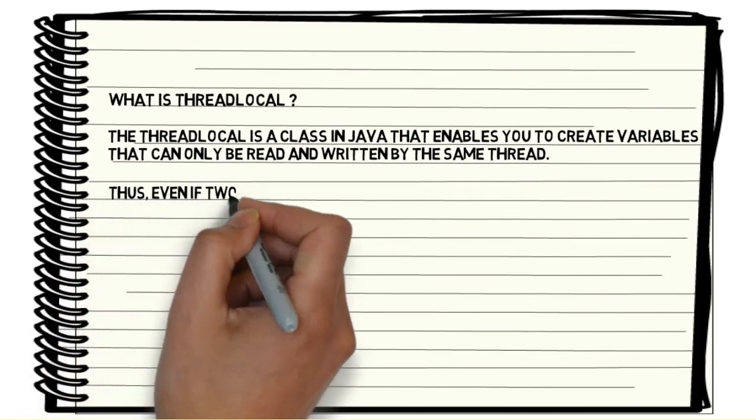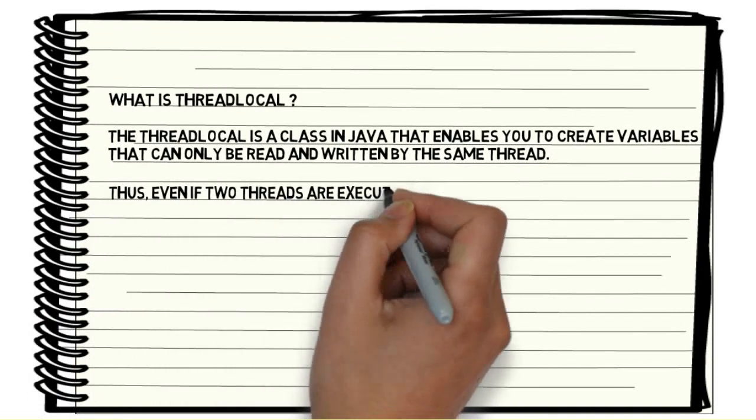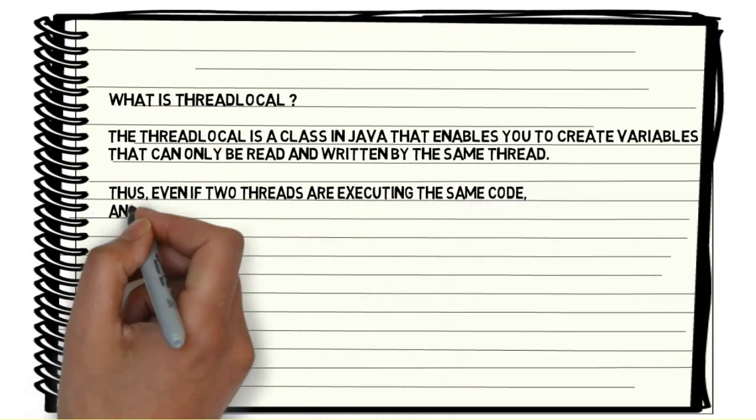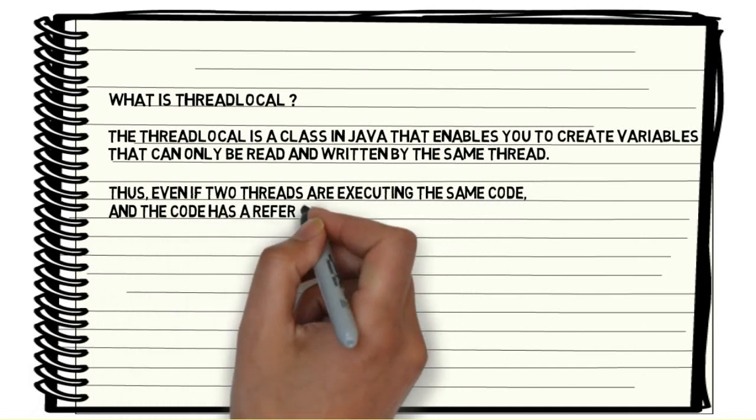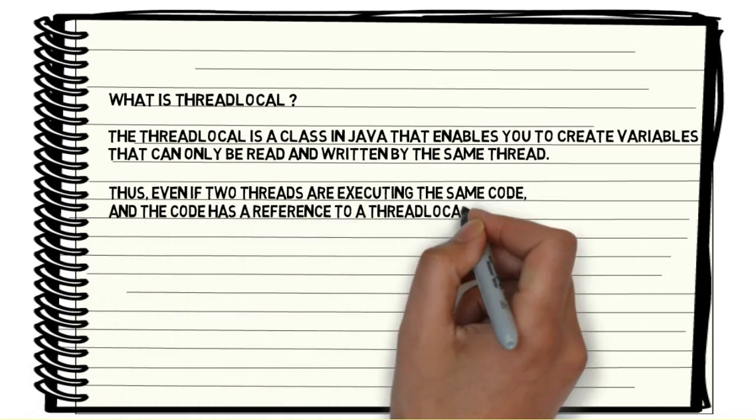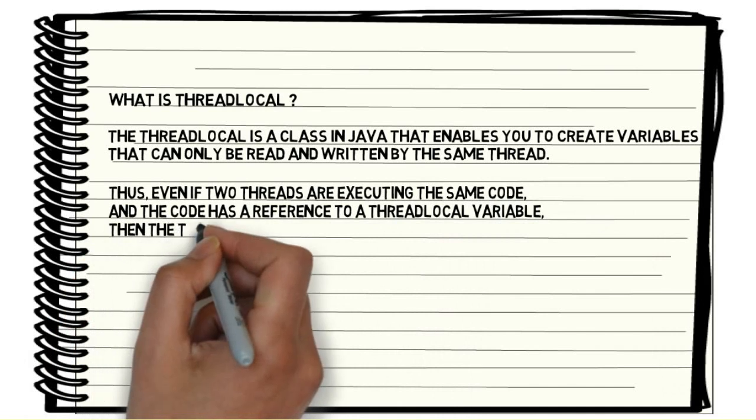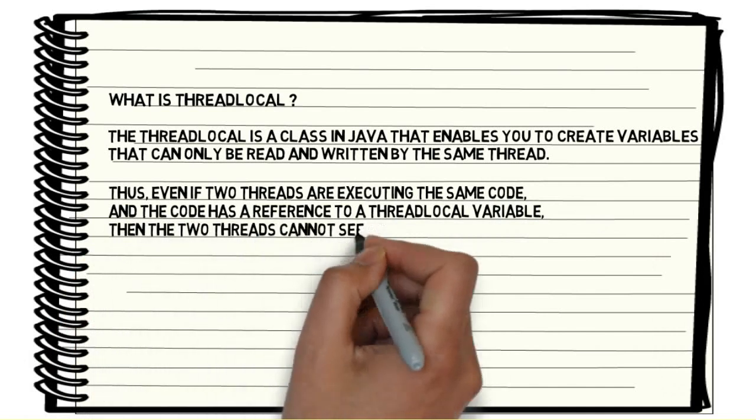Thus, even if two threads are executing the same code and the code has a reference to a thread local variable, then the two threads cannot see each other's thread local variable.